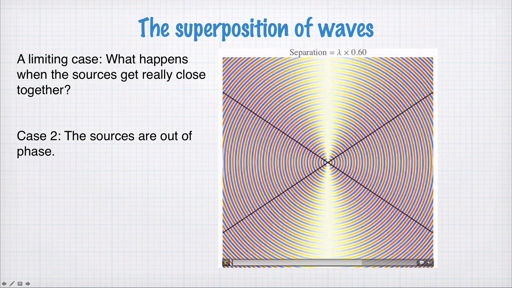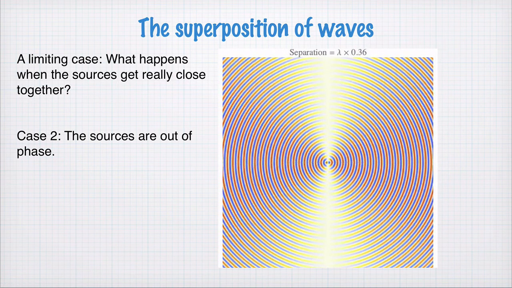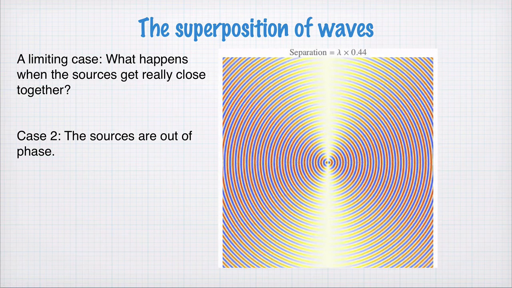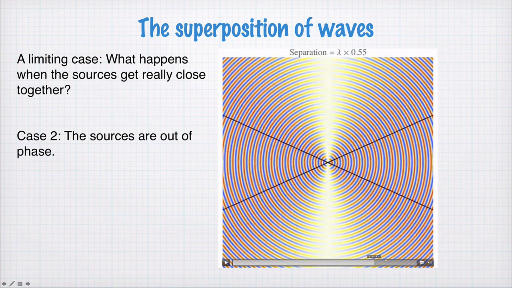And as we get closer and closer together, as soon as we get to a distance of less than half a wavelength, so we hit half a wavelength separation here, as soon as we get past that point there, we can no longer define a first order interference because the inverse sine function in our diffraction equation becomes greater than 1, and we end up with this stable pattern of radiation where in this vertical direction here we have destructive interference, and out the sides here we have constructive interference.